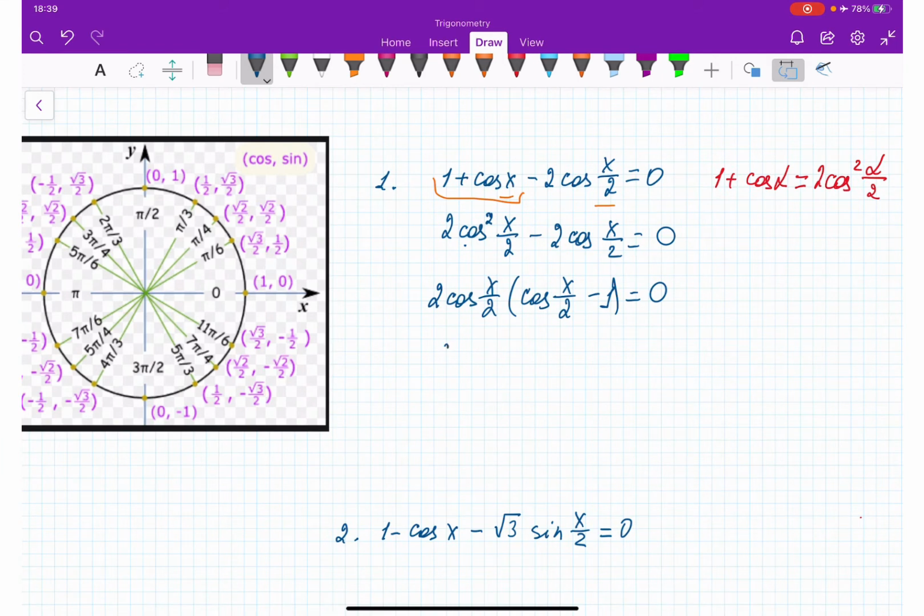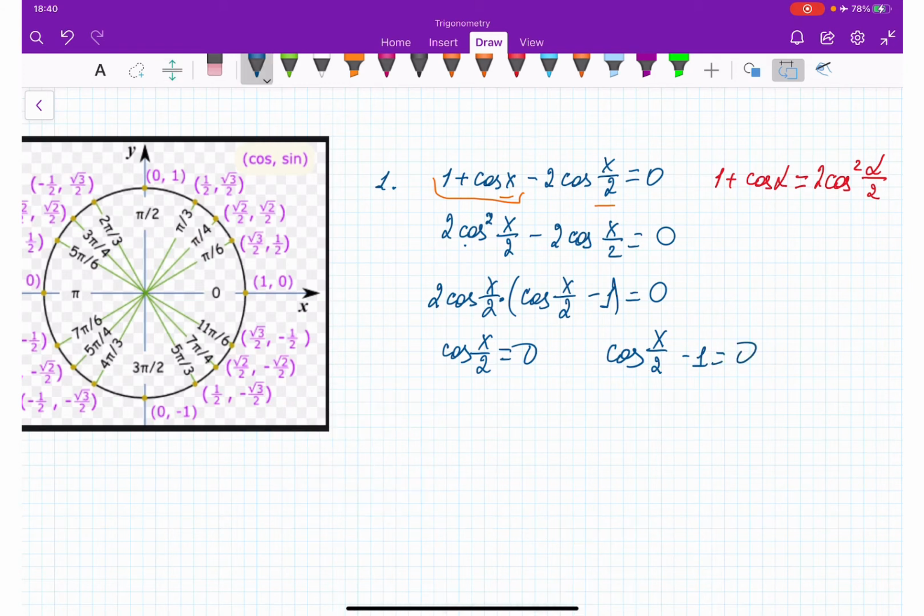Next, since the product is equal to 0, either cosine half of x is equal to 0, or cosine x over 2 minus 1 is equal to 0.